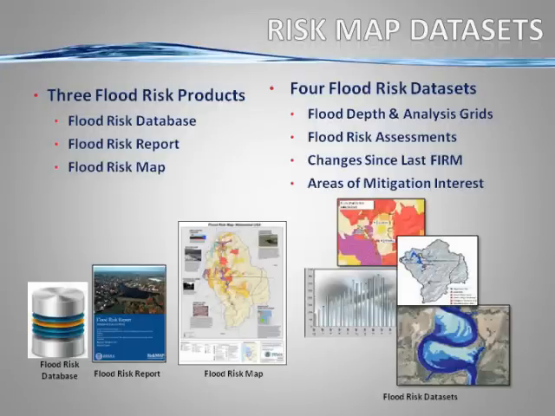So there's 3 flood risk products: the database, report, and map. Now, the data sets that feed into the map, the report, and the database are the flood depth and analysis grids, the flood risk assessments, the changes since last firm, and the areas of mitigation interest.